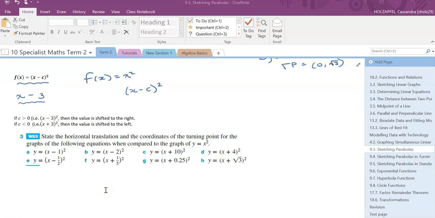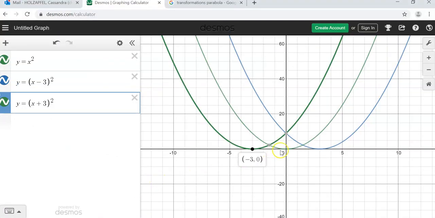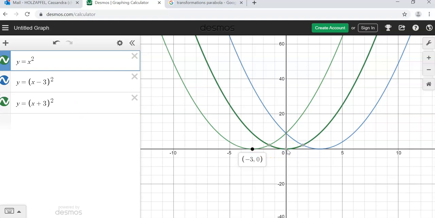Okay, so let's pop a question up on screen. For this question, we've got to state the horizontal translation and the coordinates of the turning point. So if we go have a look at Desmos again, like I said before, the opposite sort of thing is happening to what we think. If we have -3 in this bracket, then the turning point is going to be at (3, 0), just like we saw at this value here. Same thing with this one.